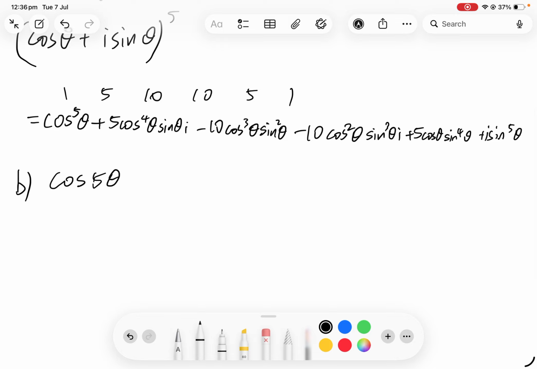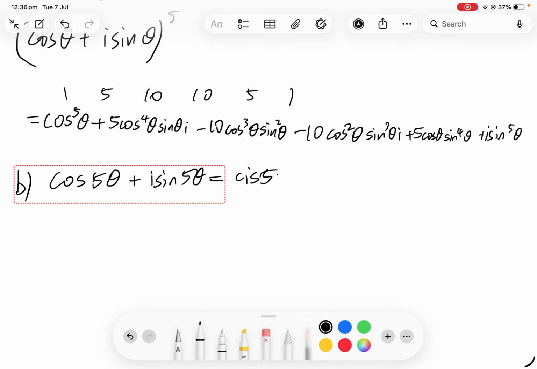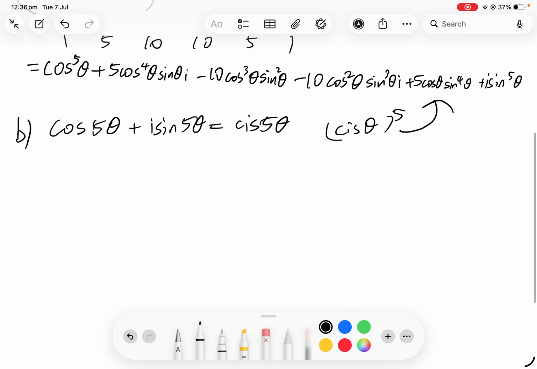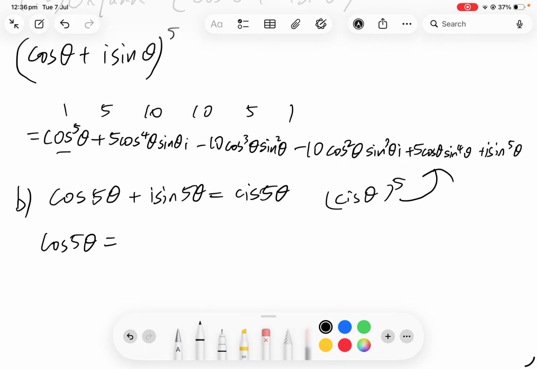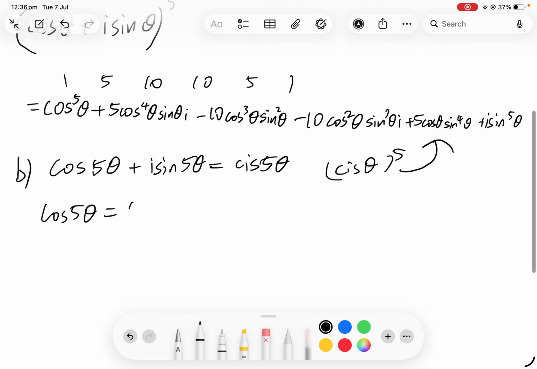Well, cos 5 theta add i sine 5 theta will become cis 5 theta, and cis 5 theta is just cis theta to the power 5, which equals this thing. So that means cos 5 theta plus i sine 5 theta should just equal this thing. Okay, so we write cos theta plus i sine theta to the power of 5 minus i sine 5 theta.